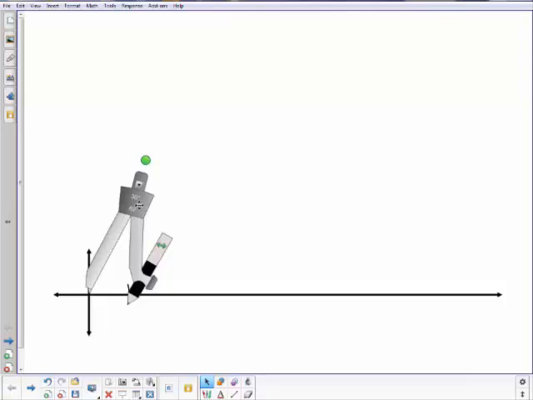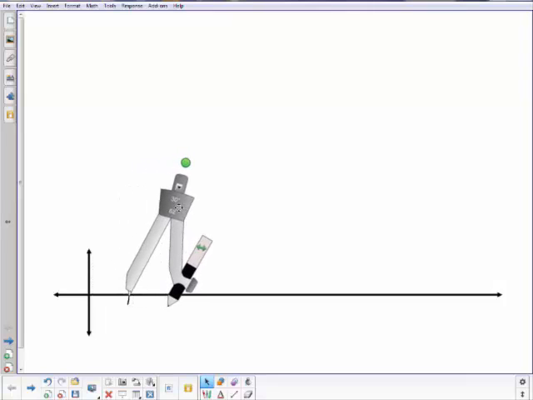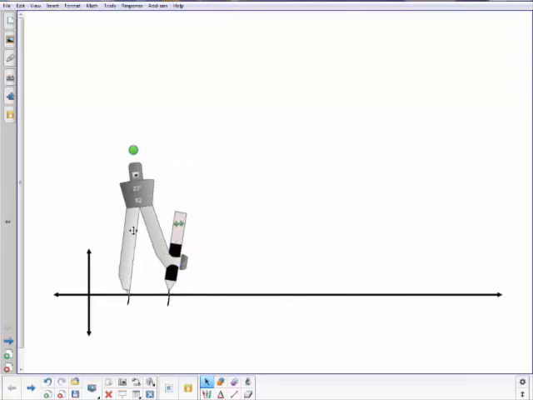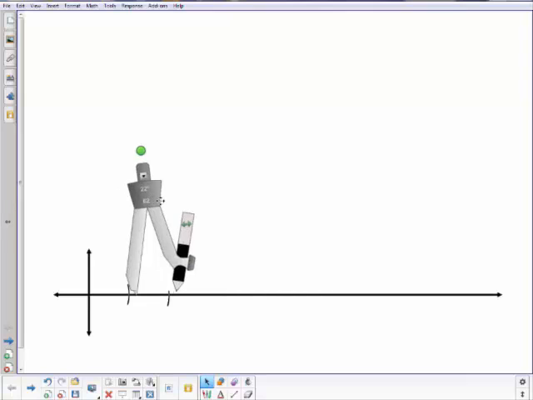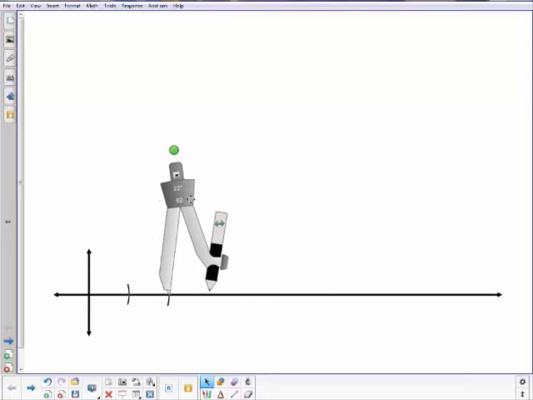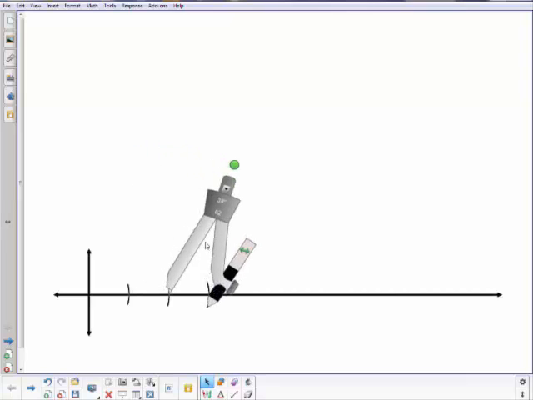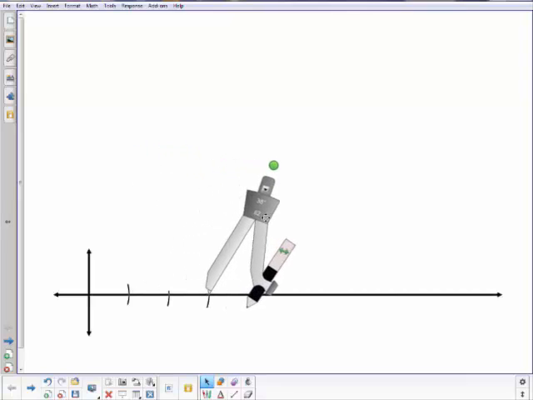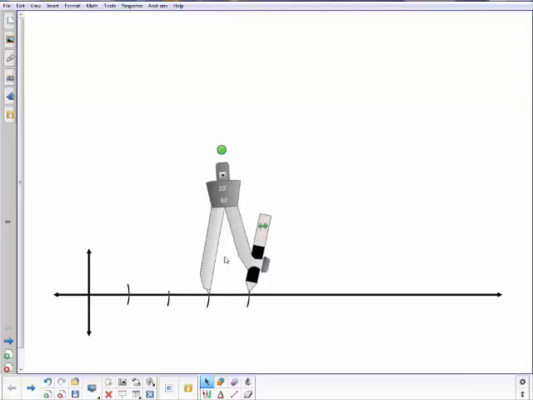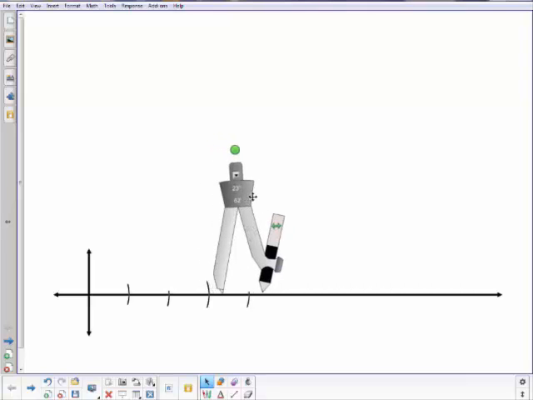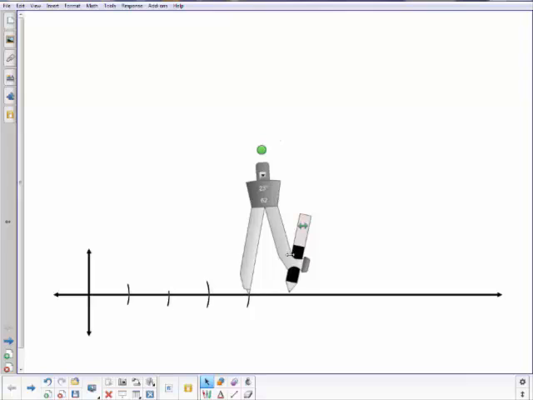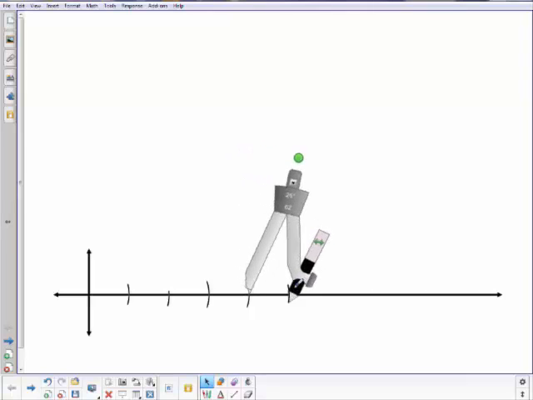Okay, I've done 1. Now I'm going to 2. Three, 4, and finally 5.